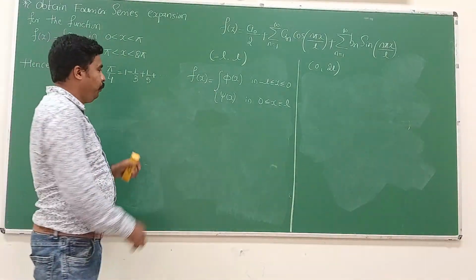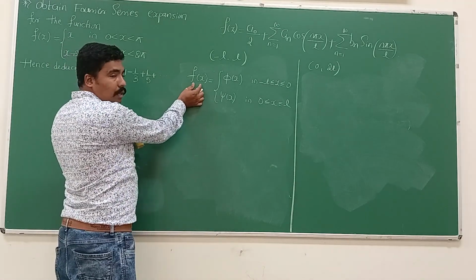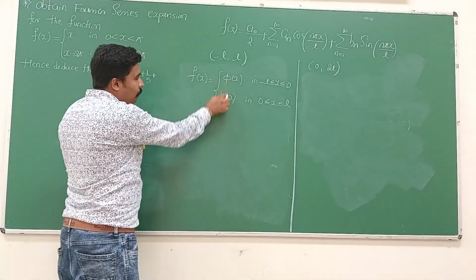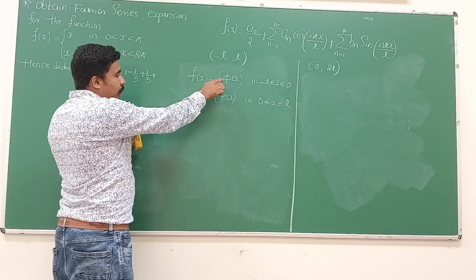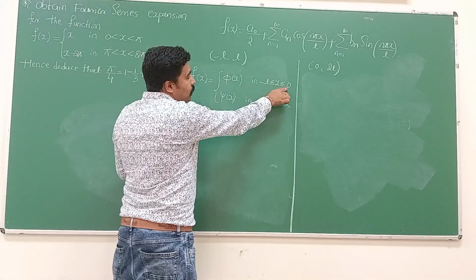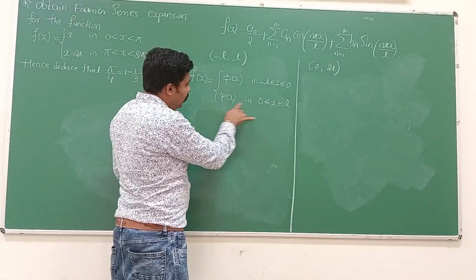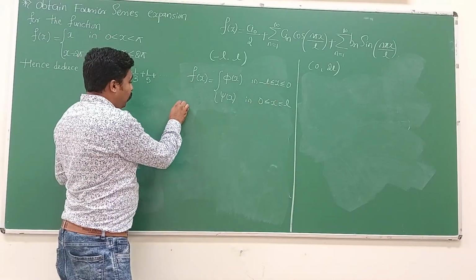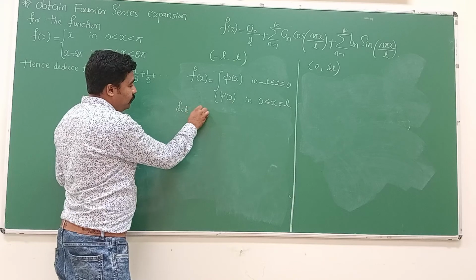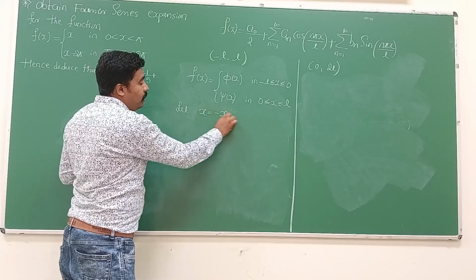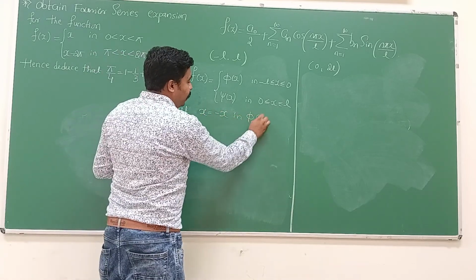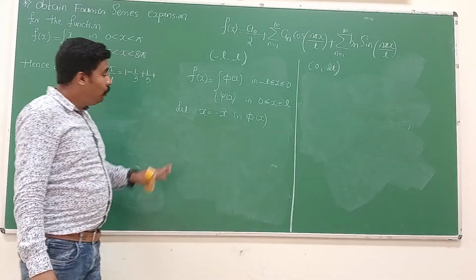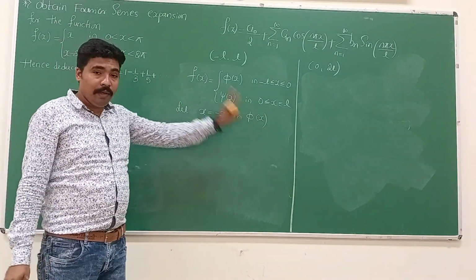Very simple. See, this function f of x is split into two sub-functions. The first function has the interval minus L to 0. The second function has the interval 0 to L. Now, we have to replace x with minus x in phi of x.